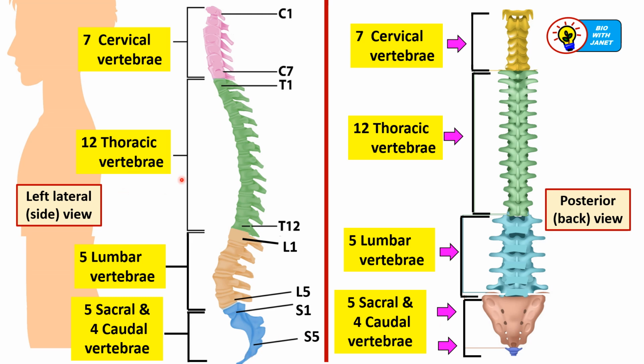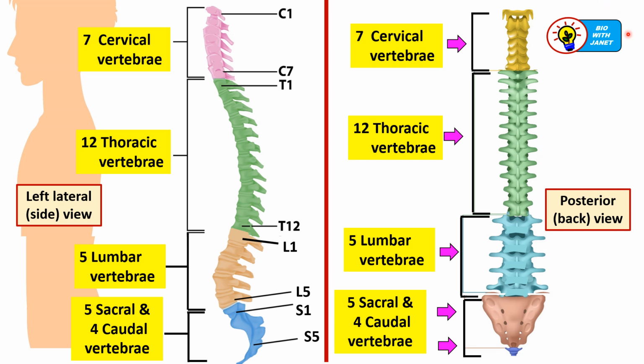Now, this is if you look from the side. Now, if you look from the back part of the body, you will see that the bones look like this, right? 7 cervical vertebrae at the neck region, 12 thoracic vertebrae in the thoracic region, and then we have 5 lumbar vertebrae at the waist region, and then we have the 5 sacral vertebrae, which are joined together, and then the 4 caudal vertebrae.